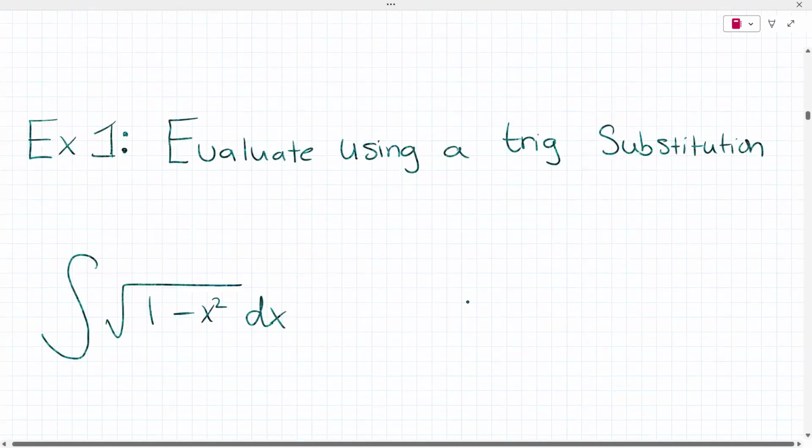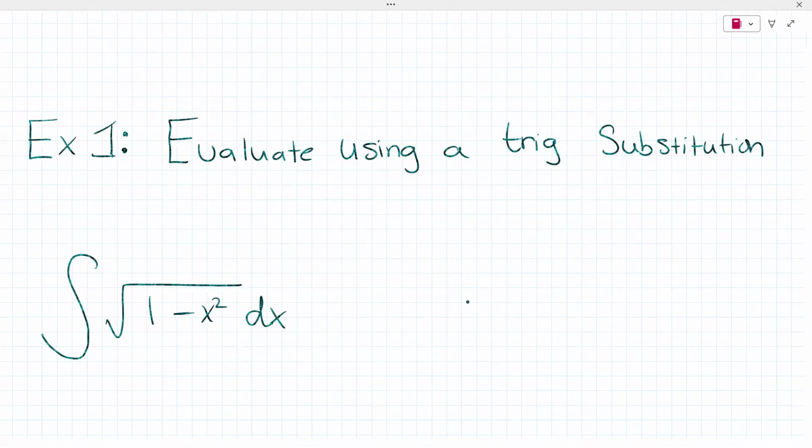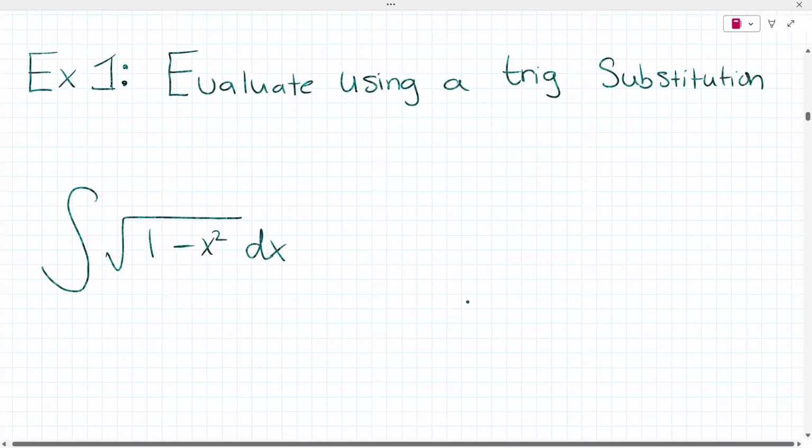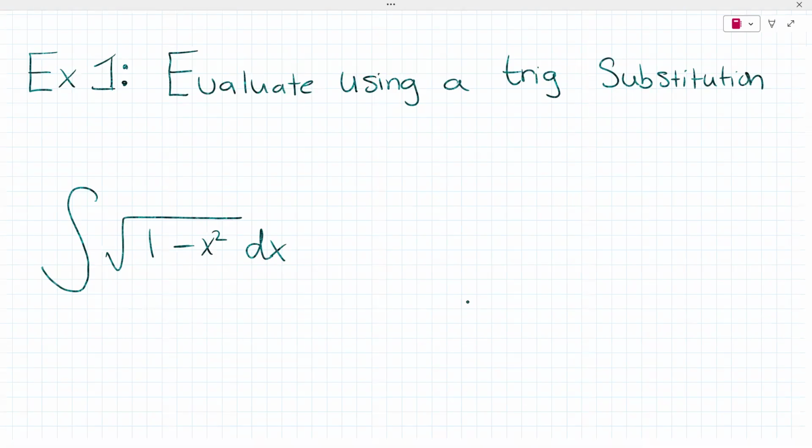Okay, so now you know the rules and some trig stuff. I'm going to start with example 1. It says evaluate using a trig substitution. We have the square root of 1 minus x squared dx. If you recall, if we have a square root and then a constant minus ax squared, it's going to be this rule.